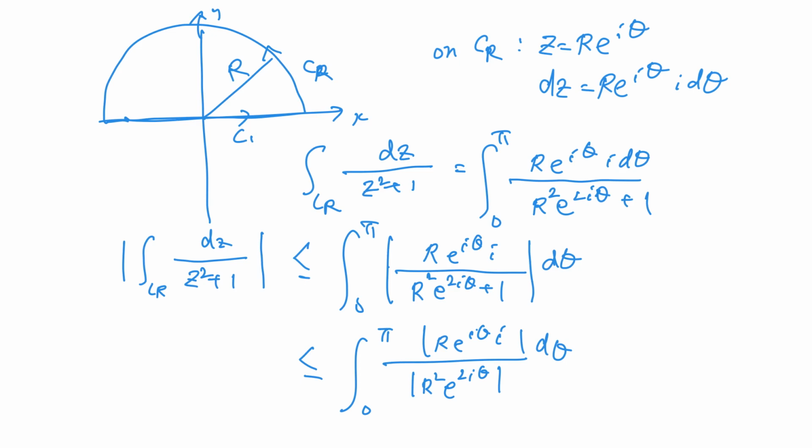So this must be bigger than R squared minus 1. So this is 1 over R times pi. So the absolute value of this integral is less than pi over R. So if we take the limit, R goes to infinity, then this goes to 0, right?